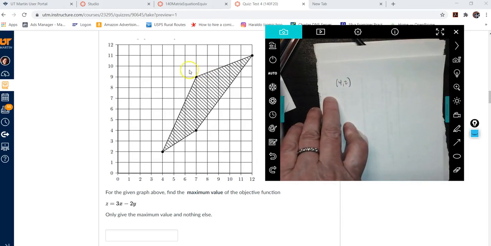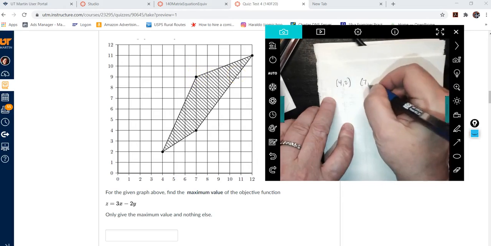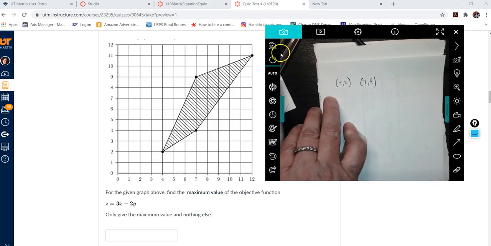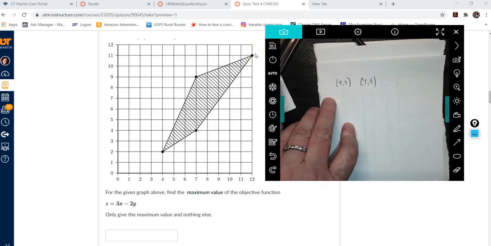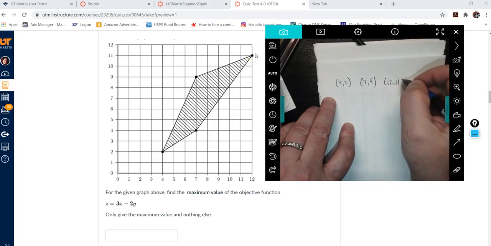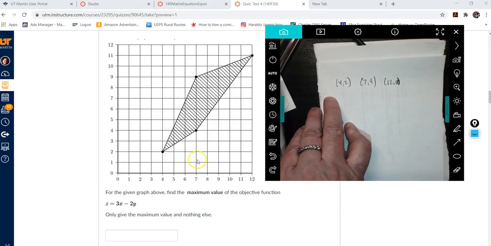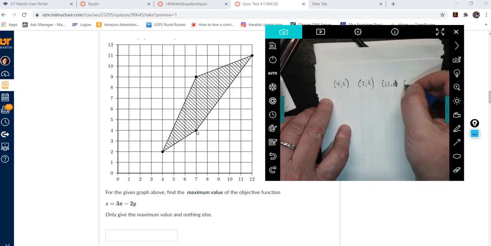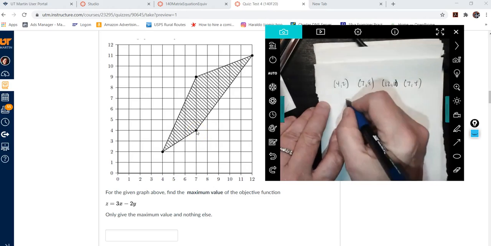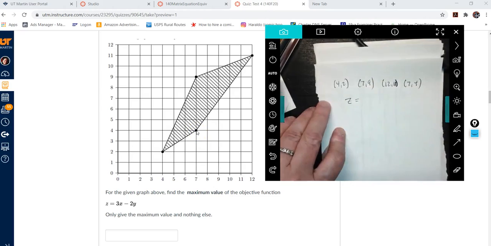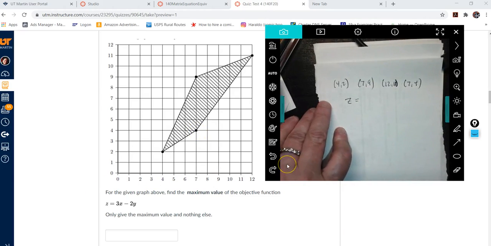Then going clockwise, this point has coordinates 7, 9. This point has coordinates 12, 11. And this point has coordinates 7, 4. And my objective function is z equals 3x minus 2y.